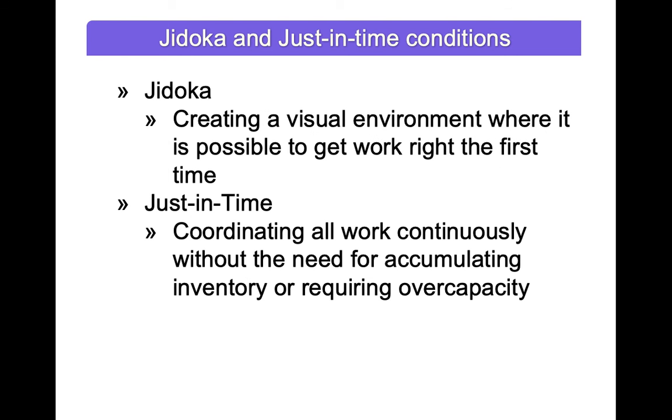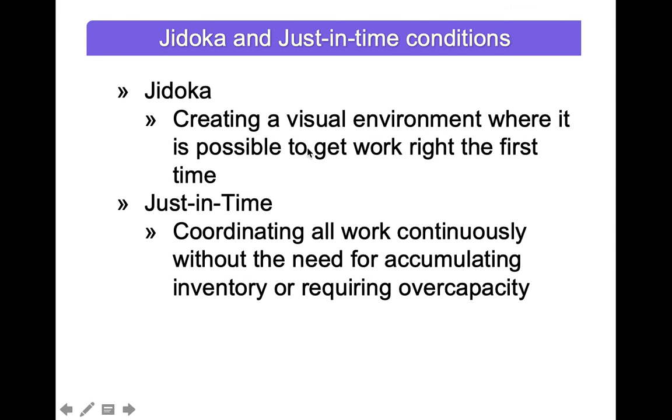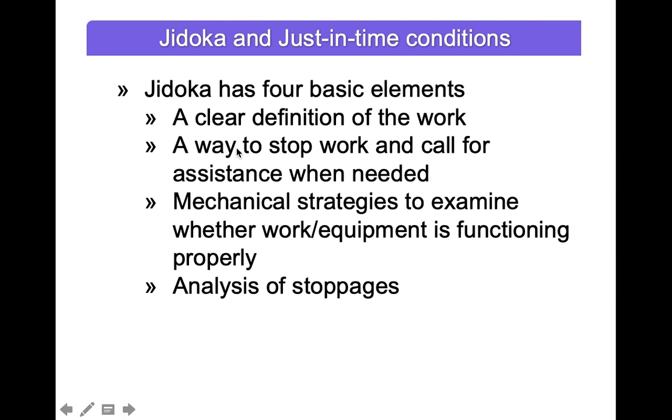So we're talking about training standards, individual strategies for the employees to be able to get it right the first time and make as few errors as possible. And then just-in-time, which is really more of a team-based thing, and changing environmental conditions.